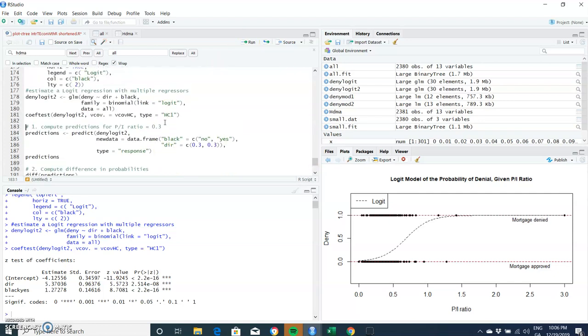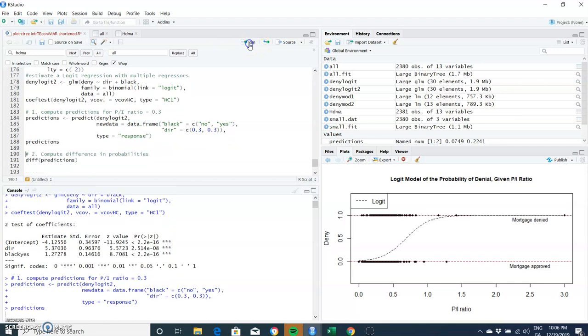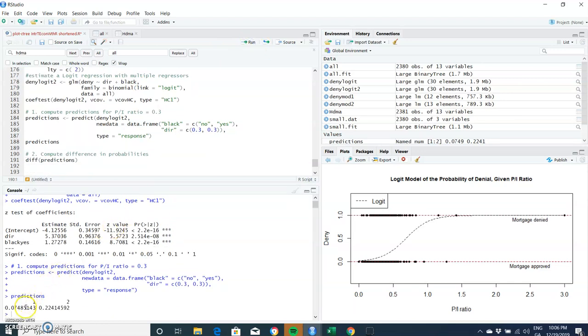And then we can make a model prediction based on whether the individual is black, yes or no, and in the same model we keep the ratio of monthly debt payments to total monthly income constant at 0.3, and we can make the predictions. For model 1, where the individual is white or some other race other than black, the likelihood of a mortgage being denied is only 7%.